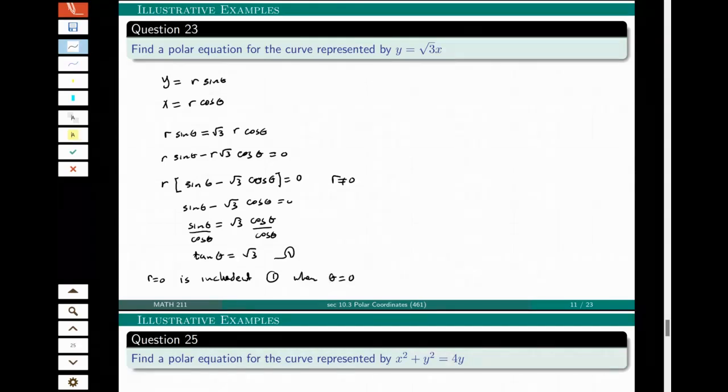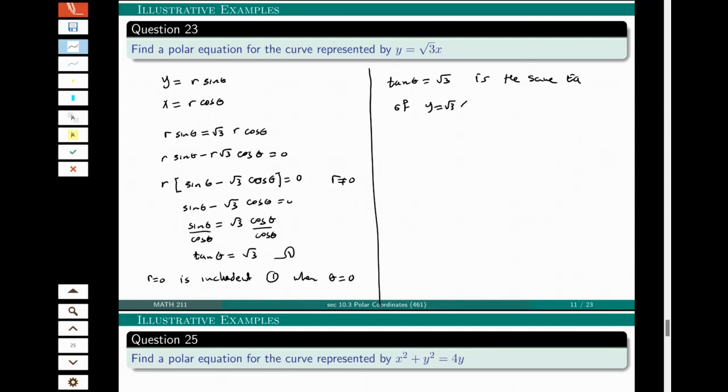So the equation in polar coordinates, tan theta is equal to root 3, represents the same graph. So we claim tan theta is equal to root 3 is the same equation as y equal to root 3 x.